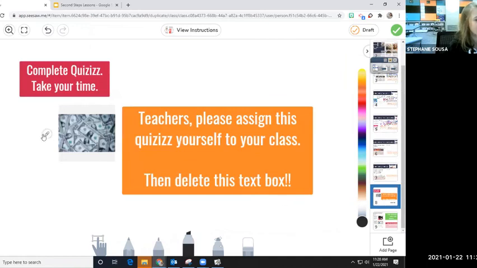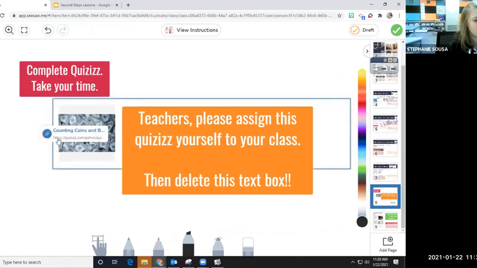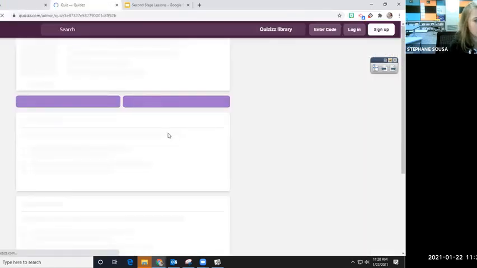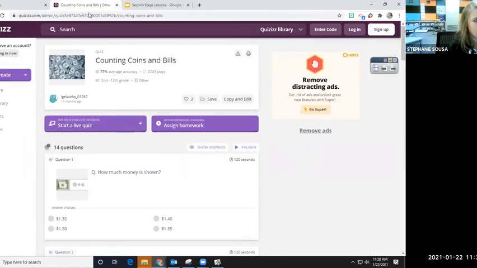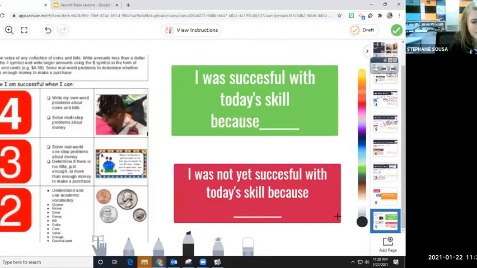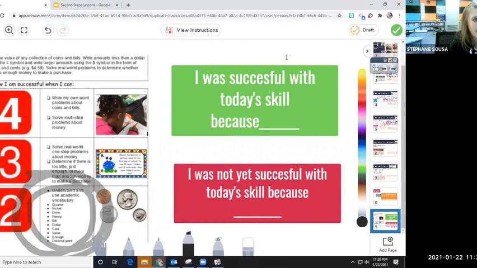Slide 8, if you click this link here, will take you to a Quizizz. When you click on the link, you'll click on that Start a Quiz, and it will let you play the quiz, okay? Slide 9 is your success criteria, as always. Share with math vocabulary how you know you were successful, okay? That is your assignment for today.